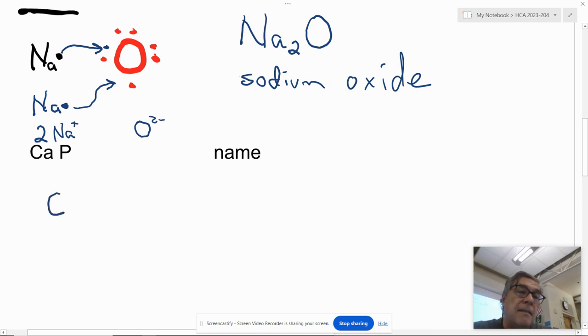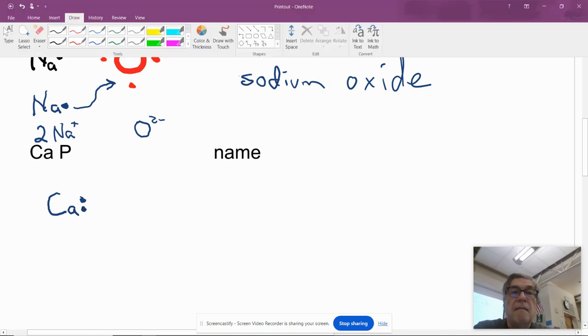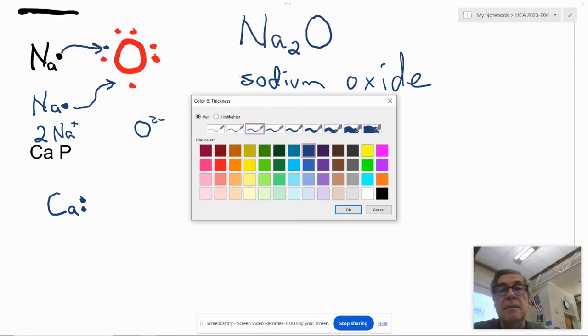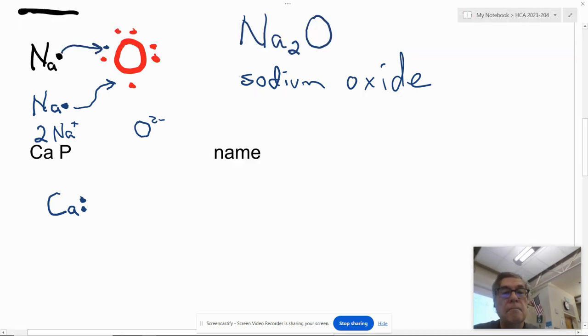Here we have calcium, the metal, with 2 valence electrons. Phosphide. How many valence electrons in phosphorus? Does 5 look right?